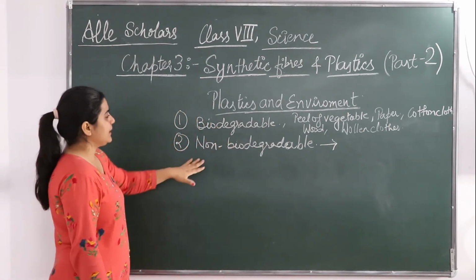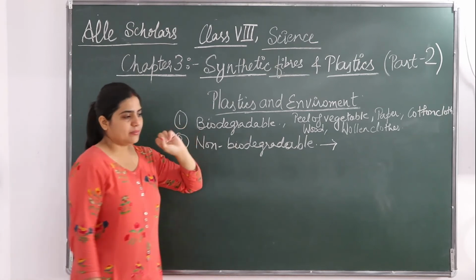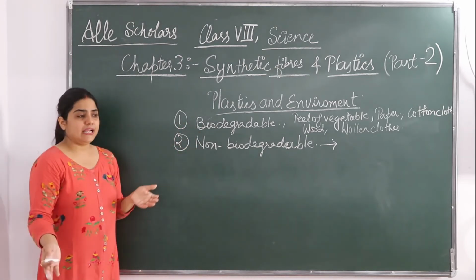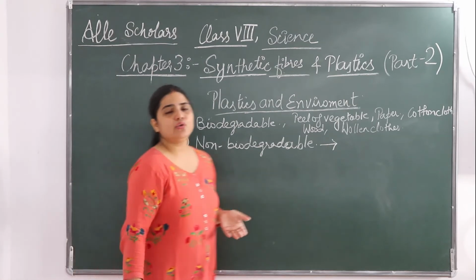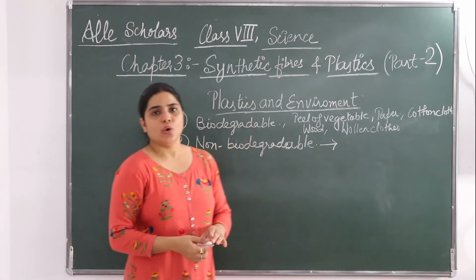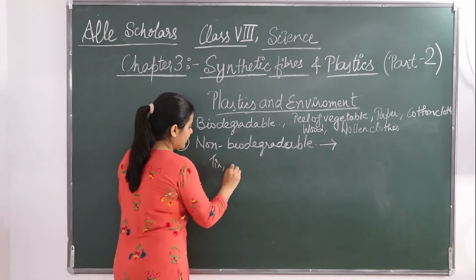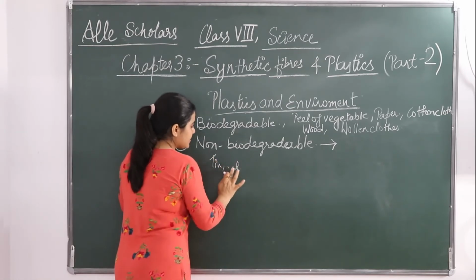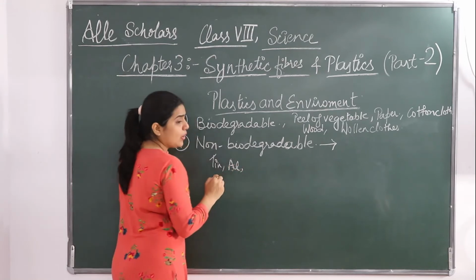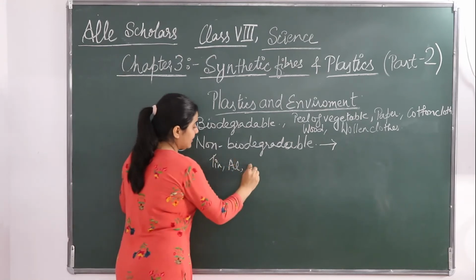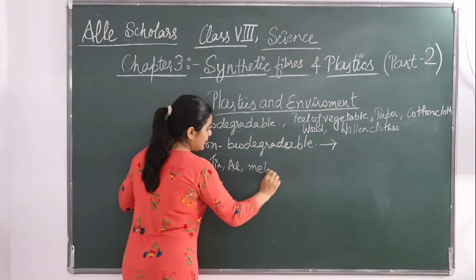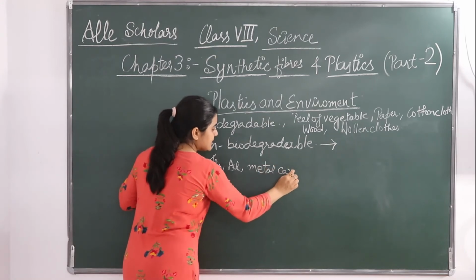Now there are some materials that are non-biodegradable, meaning they take several years or 100 to 500 years. Okay. So what are they? Tin is there, aluminum is there, and other metal cans are there. They do not decompose easily.